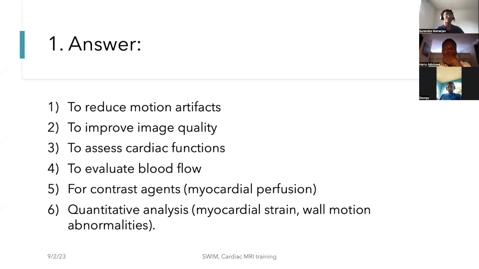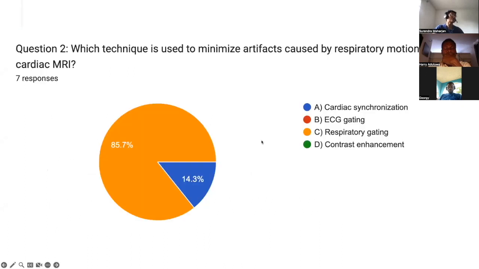If you want to do a contrast agent study, then we can do that. And for quantitative analysis, like myocardial strain or wall motion abnormalities as well.